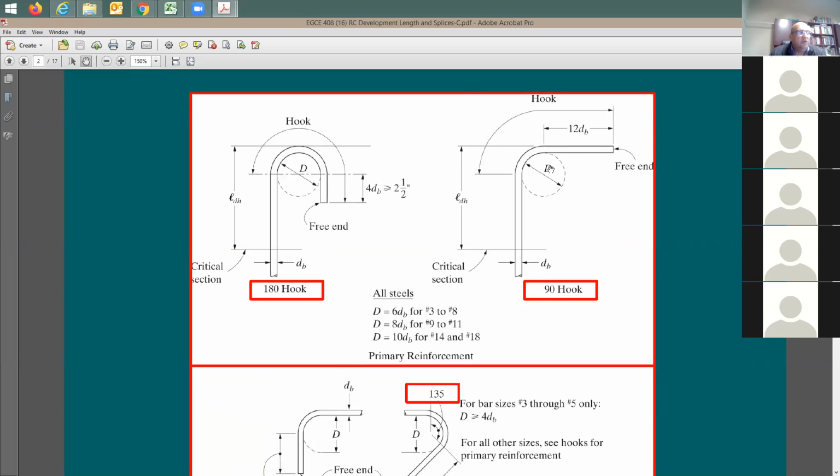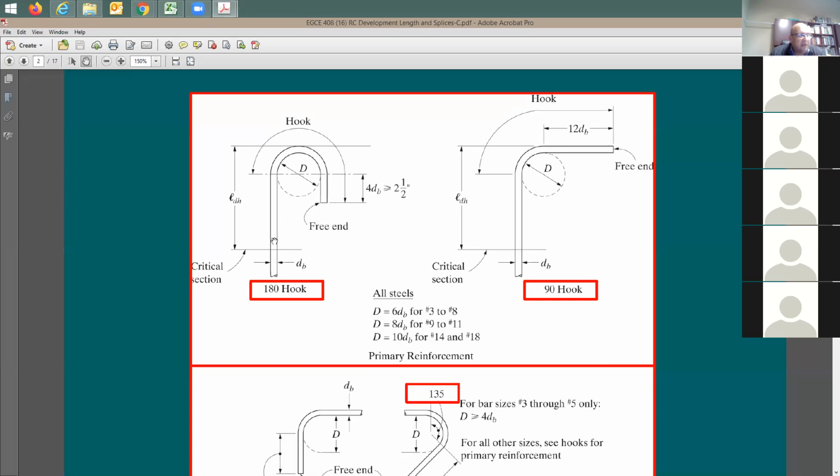Hook dimensions, usually, if you're going to have this 90-degree, is going to be 12 times db as an extension, measured from that point. If you have 180, after you bring it around this rebar, you're going to bring it here, 4 times db, and it needs to be more than 2.5 inches. In reality, you don't really need to have a rebar here.